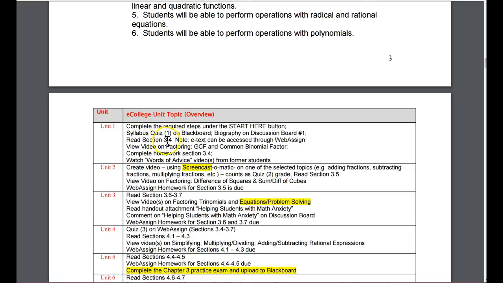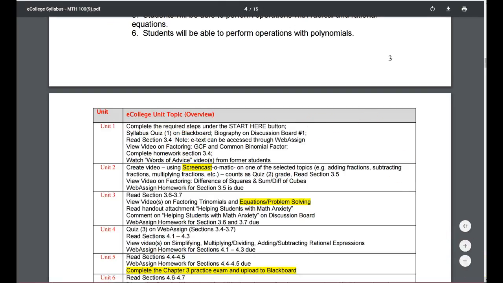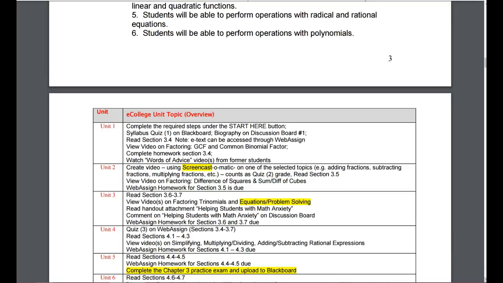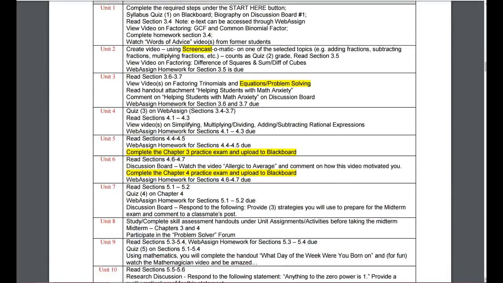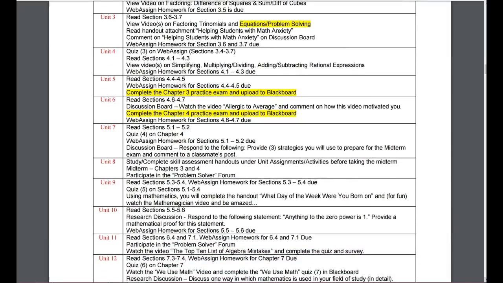Read section 3.4 of your textbook, view video on factoring, complete homework assignment for section 3.4, and watch the words of advice video. So that's an example of the assignments for week 1, but I've pretty much outlined all of the weeks. So this is like a quick reference guide if you would like to look to make sure that you have done everything you needed to do.